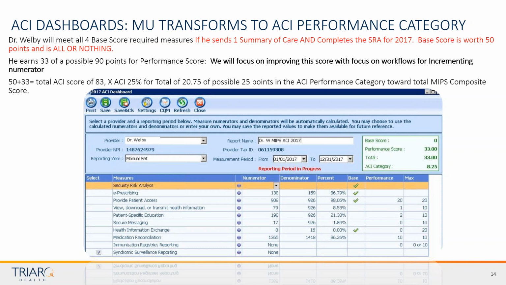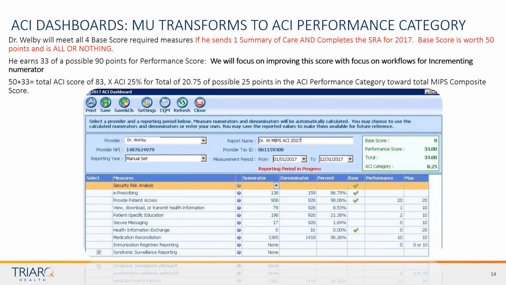So I want to talk just a little bit more about this concept of the performance score. We are showing you in the last 2 columns, one labeled performance and one labeled max. Max is showing you the total maximum points I can get for that particular measure.